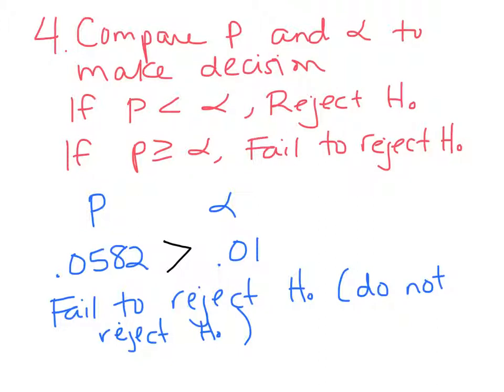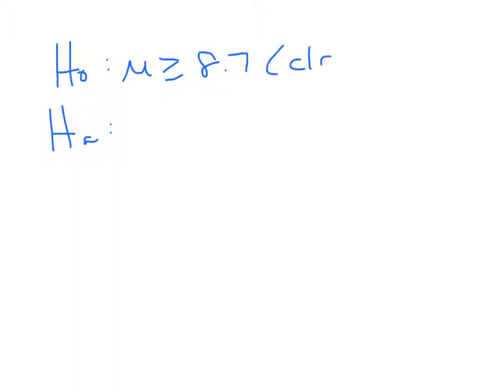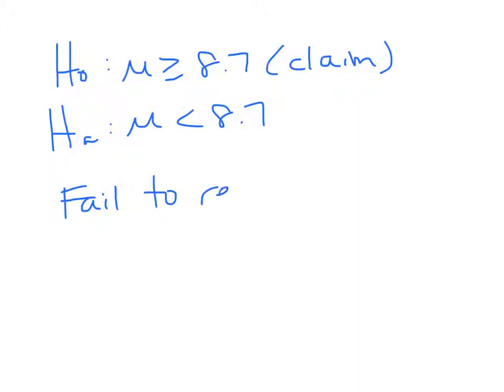One more thing here, let me write out what we had in the very beginning: H sub 0 and H sub A. H sub 0 was greater than or equal to 8.7, so this was our claim. And less than 8.7 was our alternative. So our decision was to fail to reject based on our p-value.